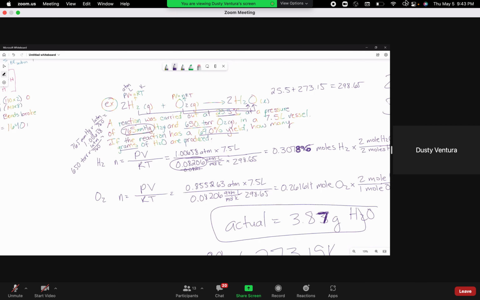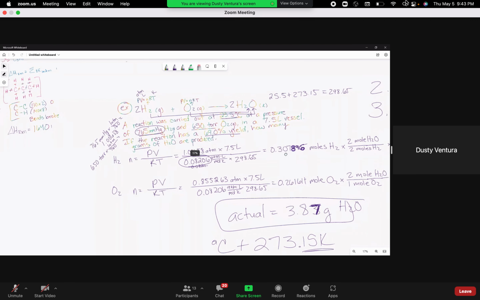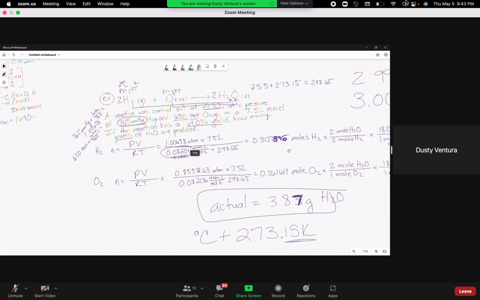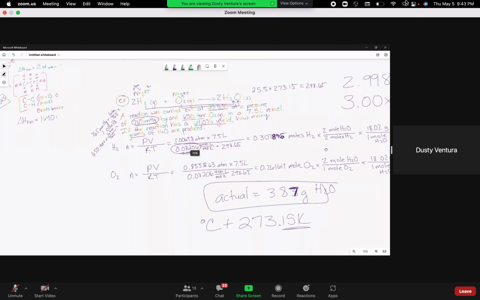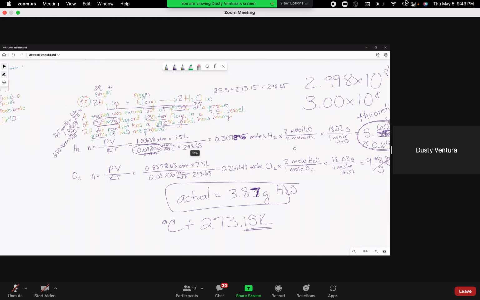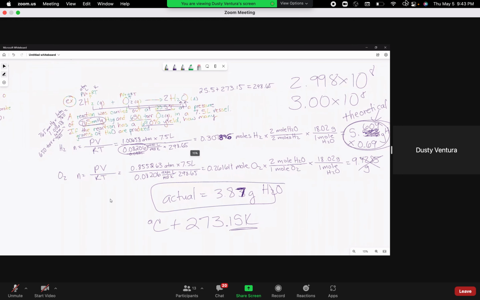Yes. So the question that you're asking about that he mentioned in lecture, this is what it is right here. You're given a temperature, 2 pressures, a volume, and a percent yield. This is how you do it. You use PV equals nRT twice to find moles, turn it into the moles of the product, and then see which one you have a smaller amount of, and that's your theoretical yield.